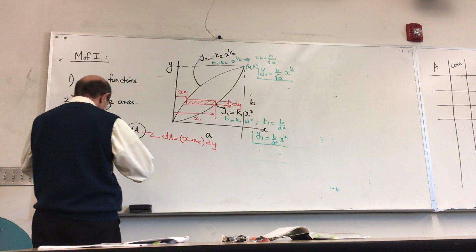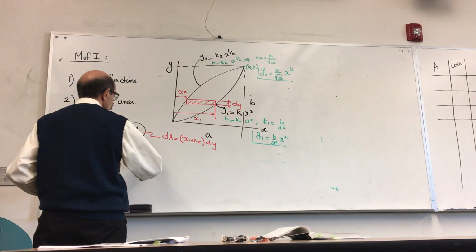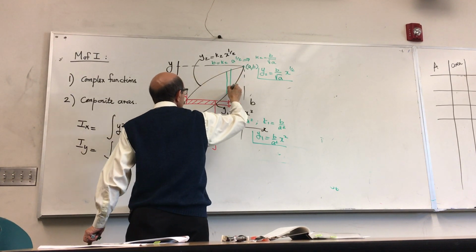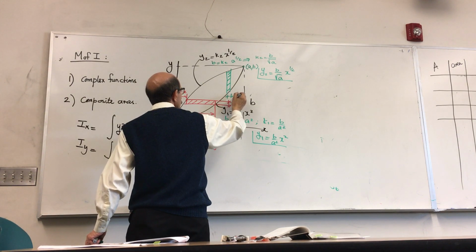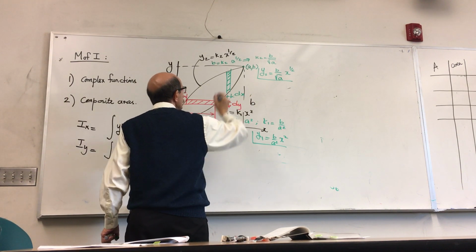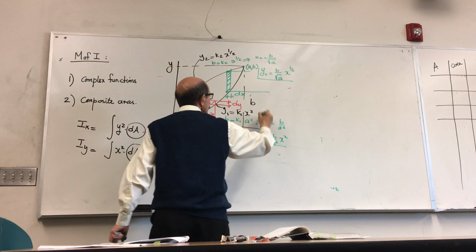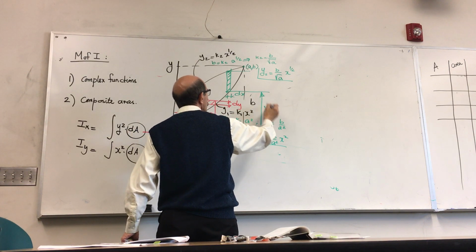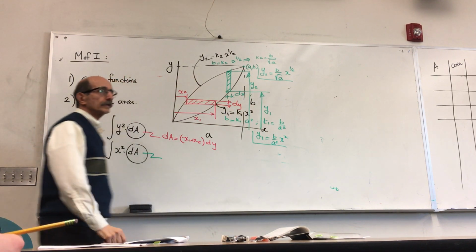For the case of I sub y, you need to consider a differential area whose sides are parallel to the y-axis, or this is the x, therefore this is y from this function, I call that y1, and this is y from this function, y2.